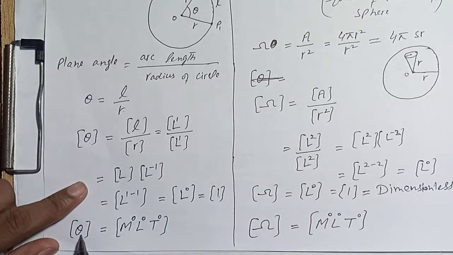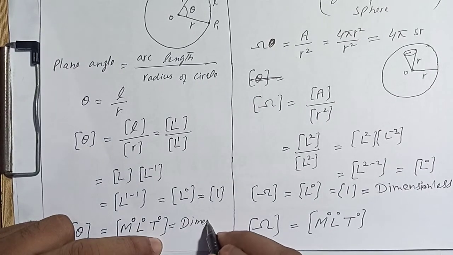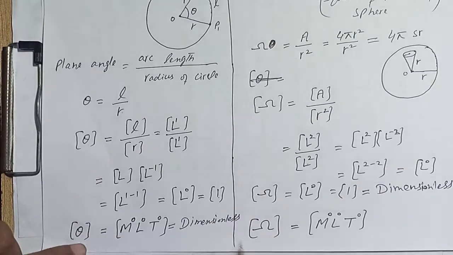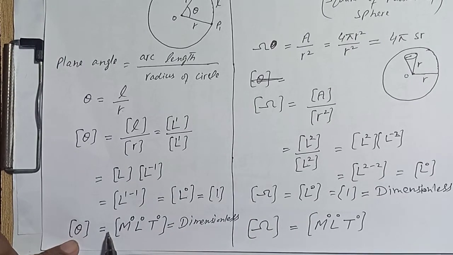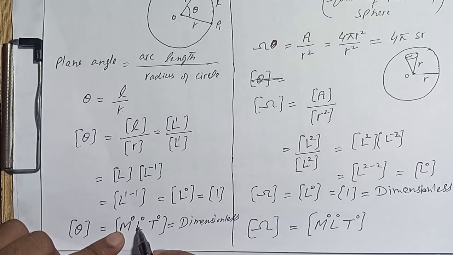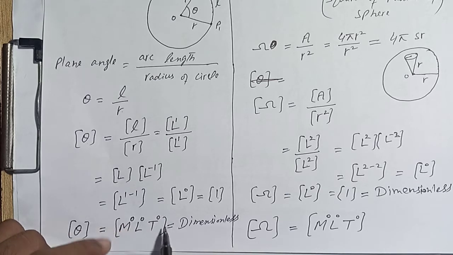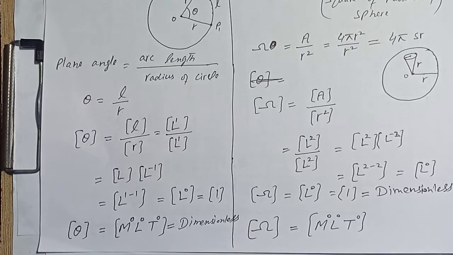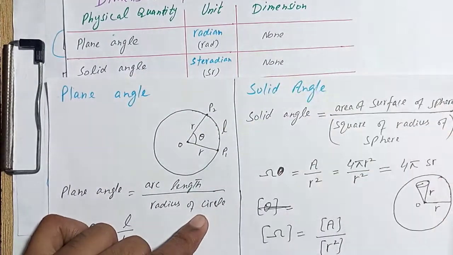So we say that theta is dimensionless. And if we write its dimensional formula in terms of mass, length and time, we write the dimension of theta as mass to the power 0, length to the power 0 and time to the power 0. All these terms are equal to 1, which means angle theta is dimensionless. So plane angle has no dimension.